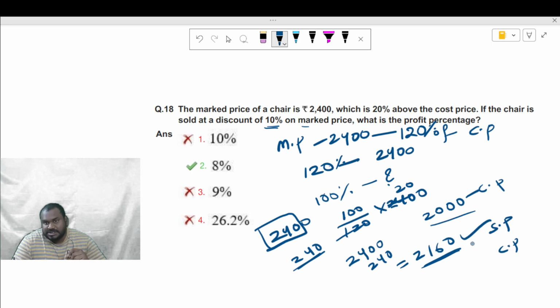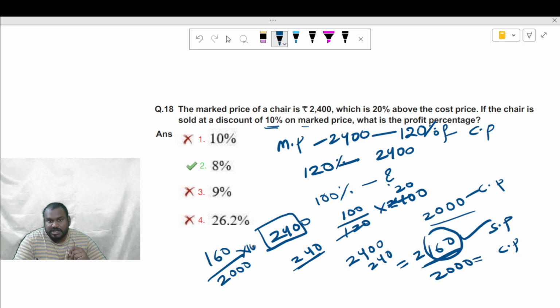Cost price is 2,000. What is the profit in it? 160 is the profit. So profit 160 divided by cost price 2,000, into 100, is the profit percentage. 100 and 100 get cancelled, 0, 0 get cancelled, 2 8s are 16, so 8% is the profit percentage.